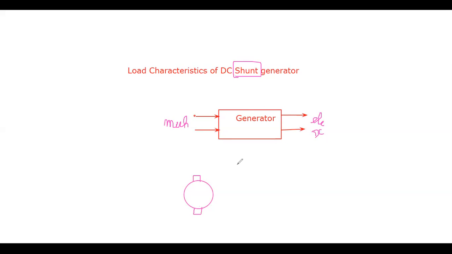Now I am going to connect a winding in parallel to the armature. This one is the armature and this one is the field winding.